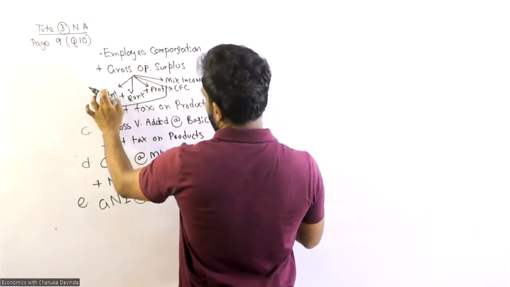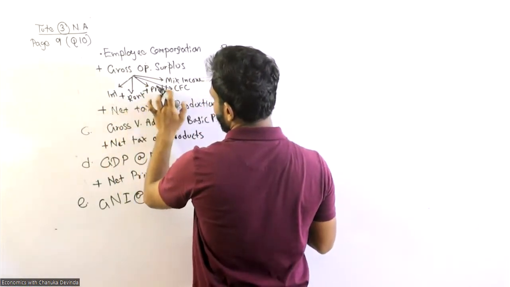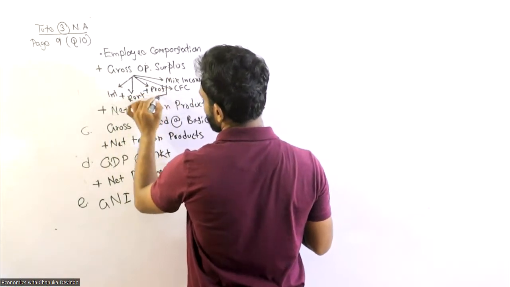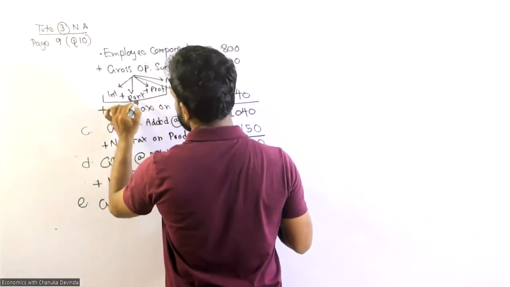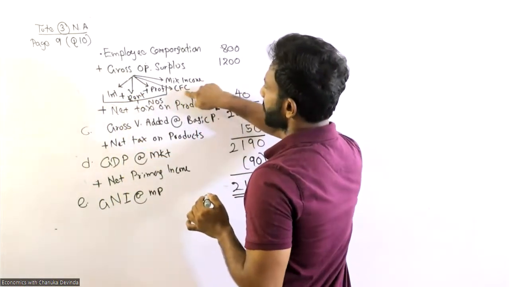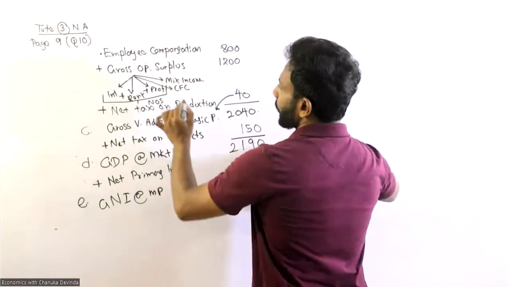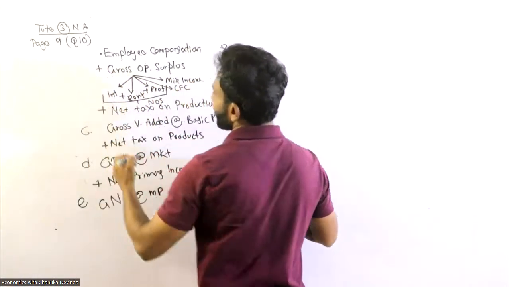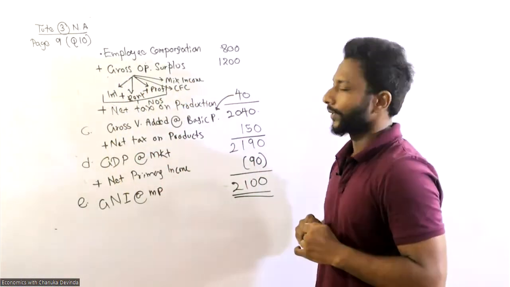Then these line items were net operating surplus, right? Plus consumption of fixed capital plus mixed income, all together it was gross operating surplus, right?